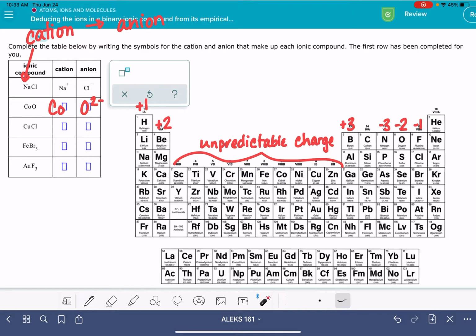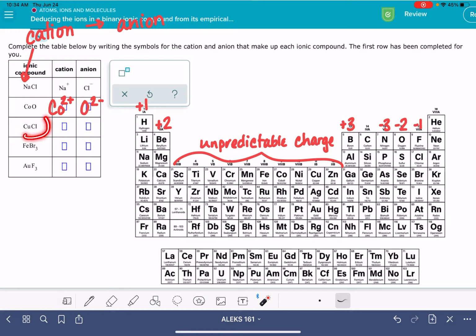So how are we going to use this information to figure out the charge on the cobalt? Remember, when cations and anions come together, they do so in a way that results in an overall compound that has no charge at all. So that means that the charge on the cobalt is perfectly balancing the charge on the oxide ions, and that means it must be a 2+ charge. They're perfectly balanced so that overall this compound is neutral.